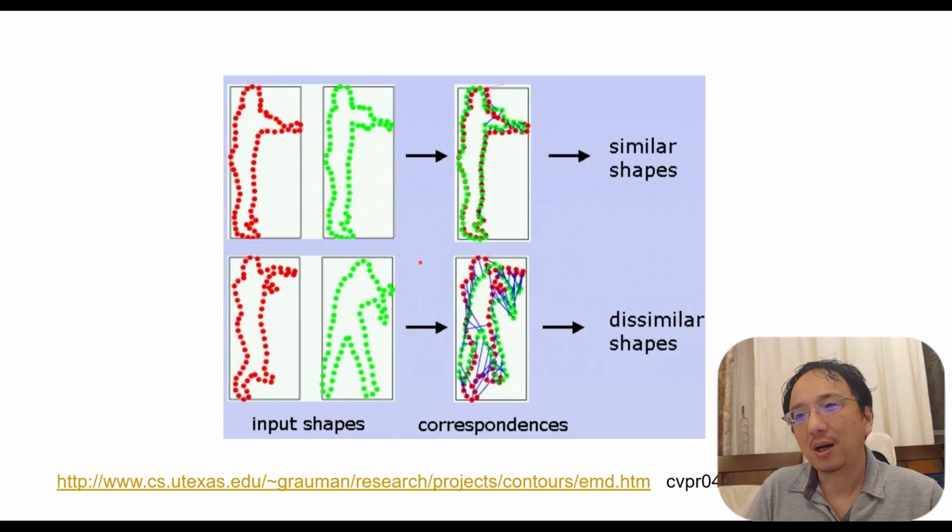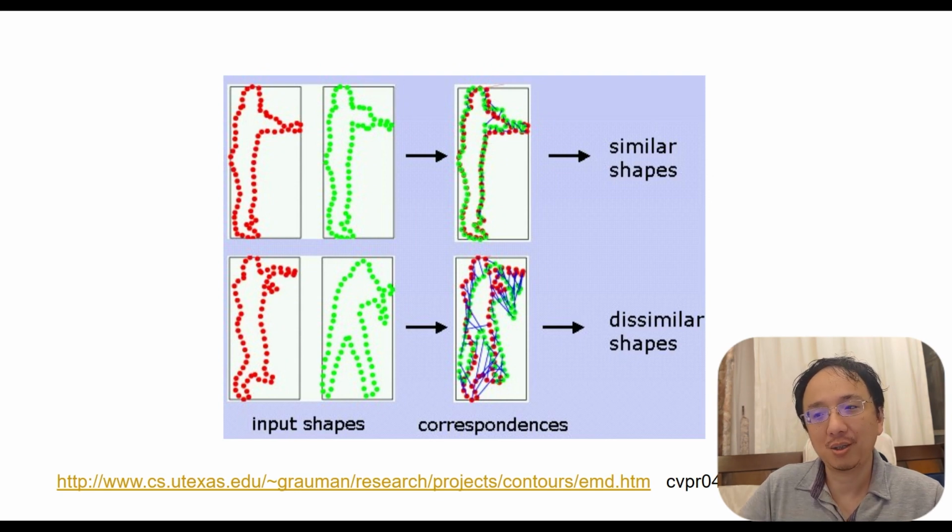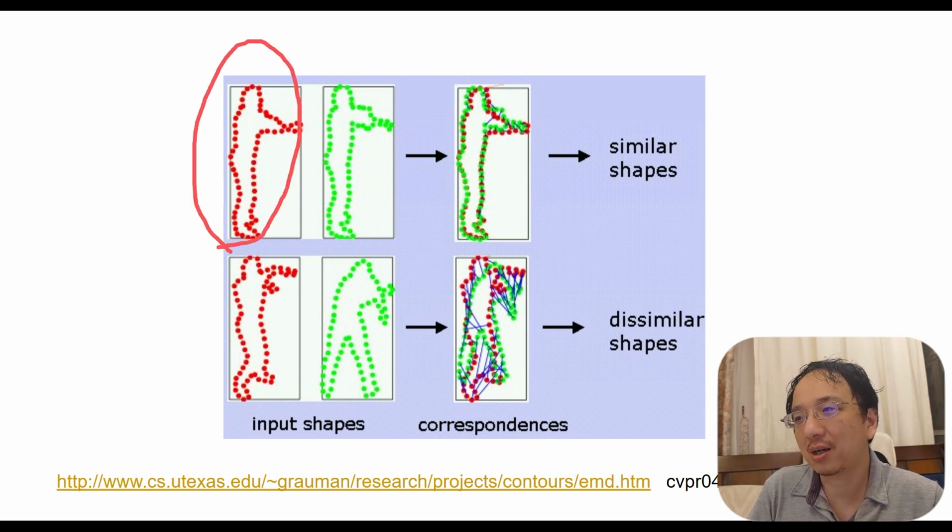Another useful scenario is that we can use the same idea to measure the similarity between two shapes. So you can use it to query similar shapes in, say, a database. We can use a ton of little dots to approximate a curve, like say 100 dots, so each curve is approximated by 100 dots.